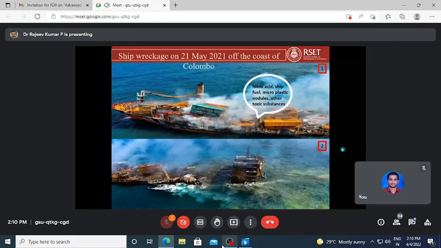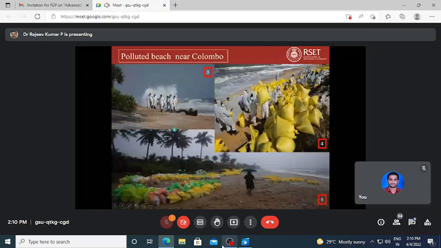A lot of toxic substances mixed with the seawater and washed ashore. This was the scenario after the ship wreckage.